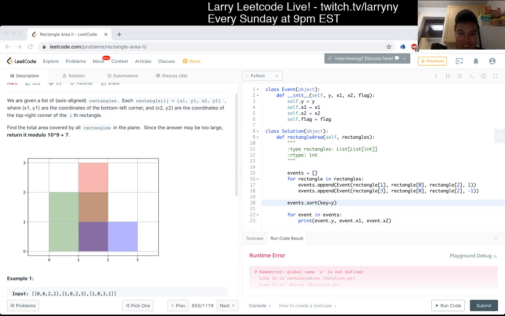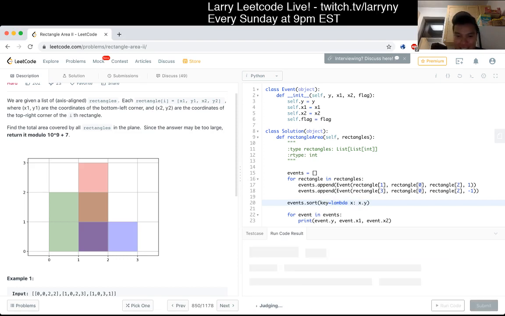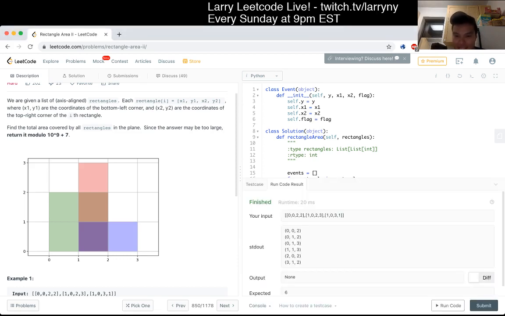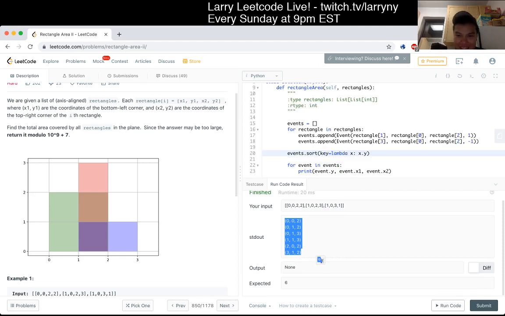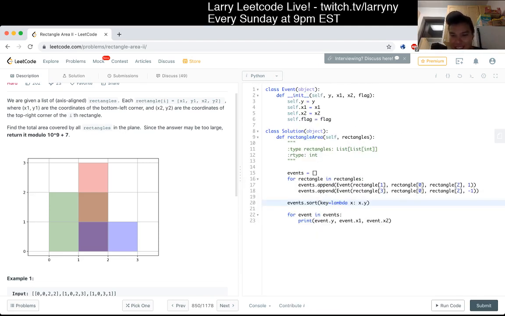Something like that. Okay. That seems like it's right. Well, I don't know if it's right, but it is maybe what we want. Now we keep track of area. Let's just say we return area.